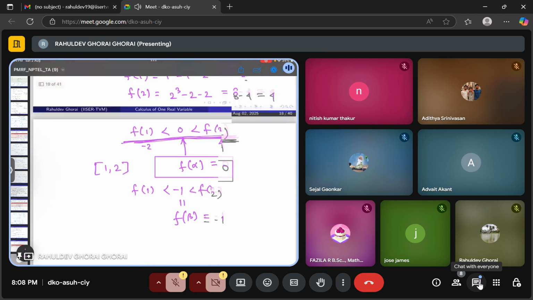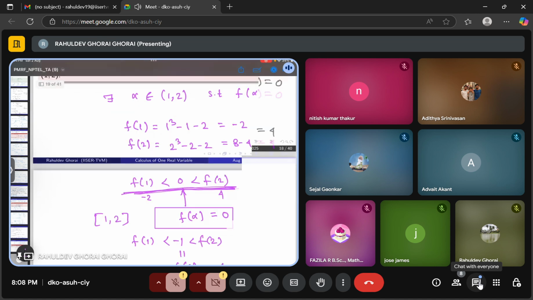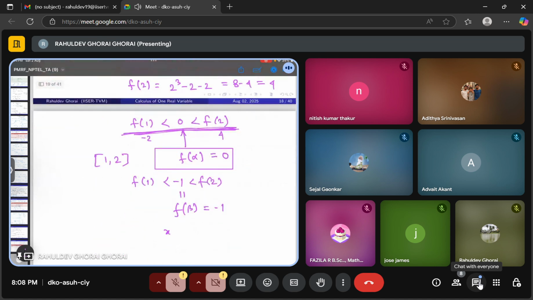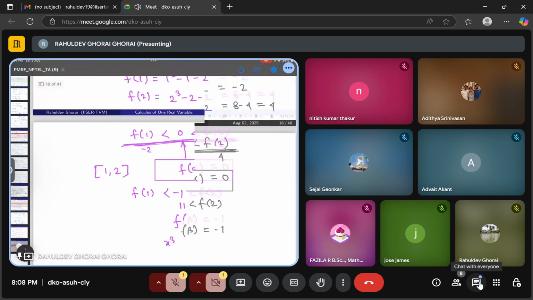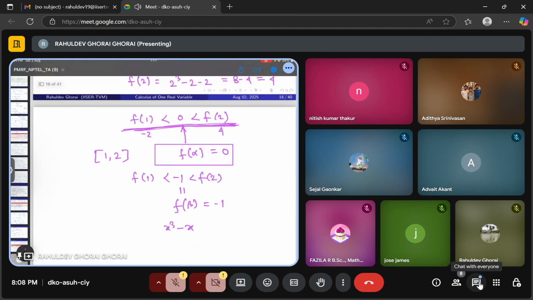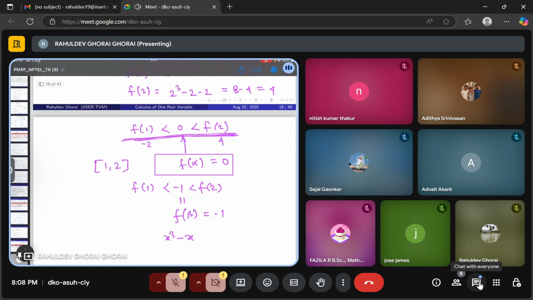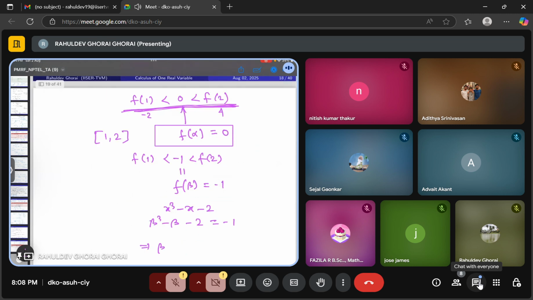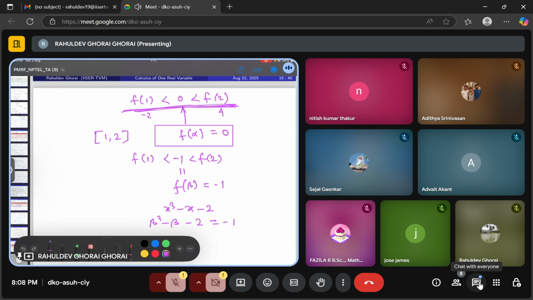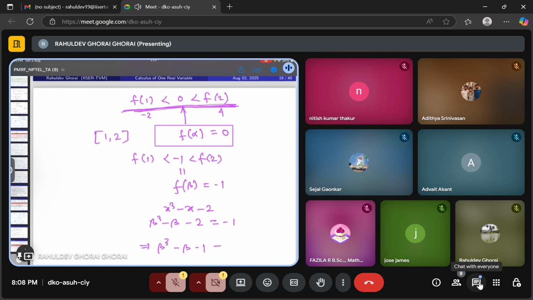So what else can you say? f(beta) is equal to minus 1, where f(x) is x cube minus x minus 2. So f(beta) is beta cube minus beta minus 2, which should also be minus 1. That implies beta cube minus beta minus 1, so plus 1 will come here, is equal to 0.